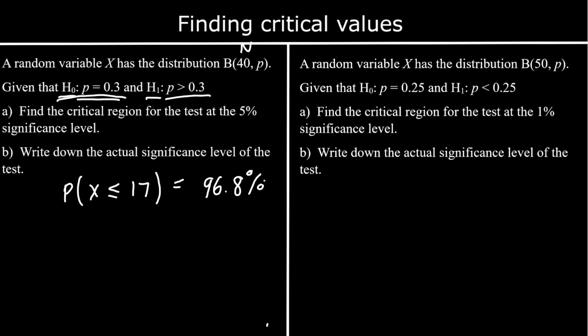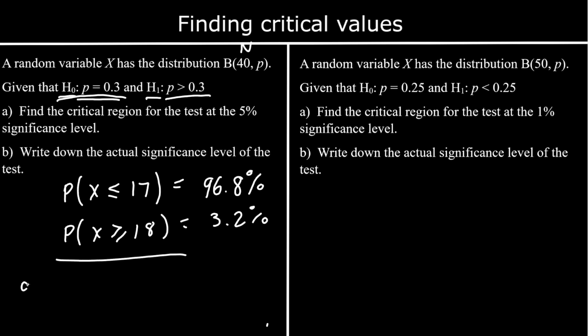So what is the critical region? We're going to take anything above 17 and say the chance of that is less than 5%. It's going to be just 3.2%. So the probability of getting a result that's 18 or greater is 3.2%. We're going to say that that is our critical region.